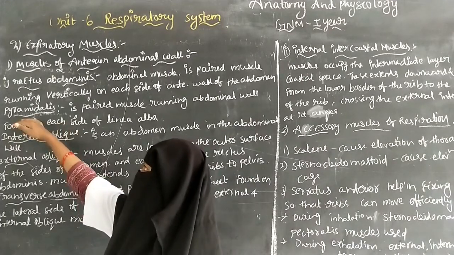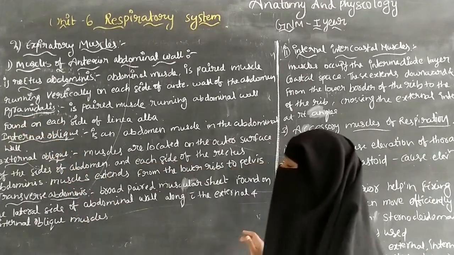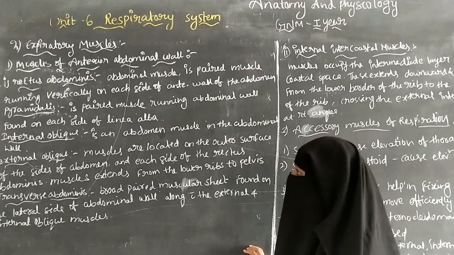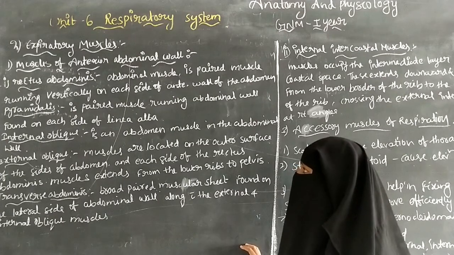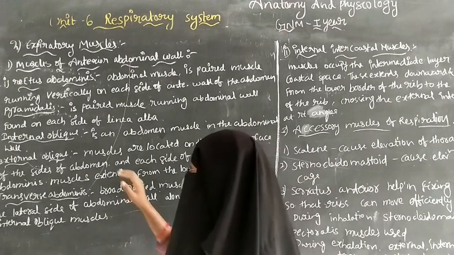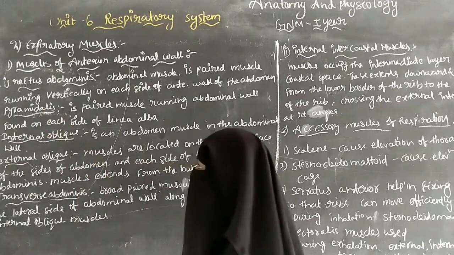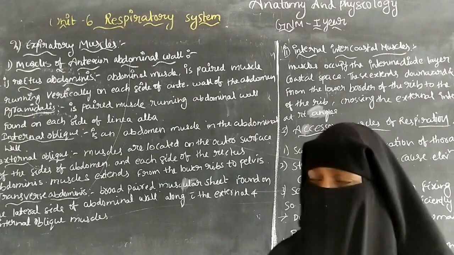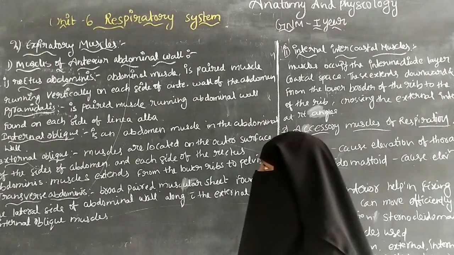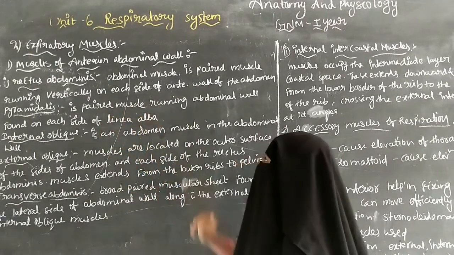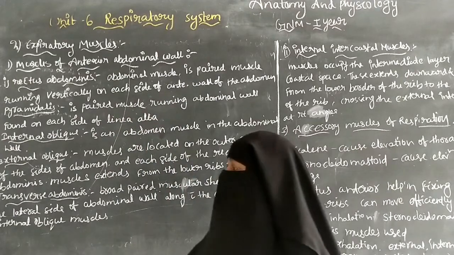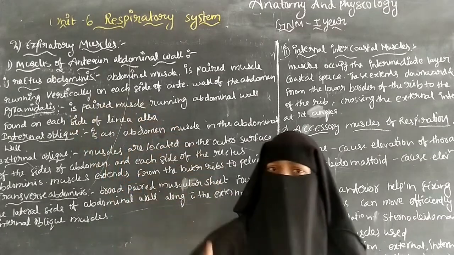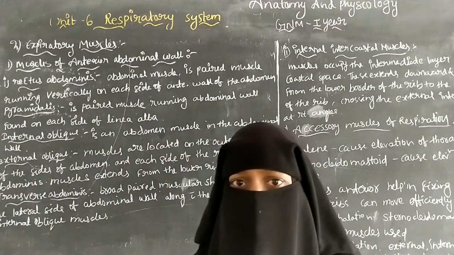The next one is Pyramidalis. Pyramidalis is a paired muscle running through the abdominal wall and found on each side of the linea alba. It is also one of the abdominal muscles, and it runs through the anterior wall of the abdomen.